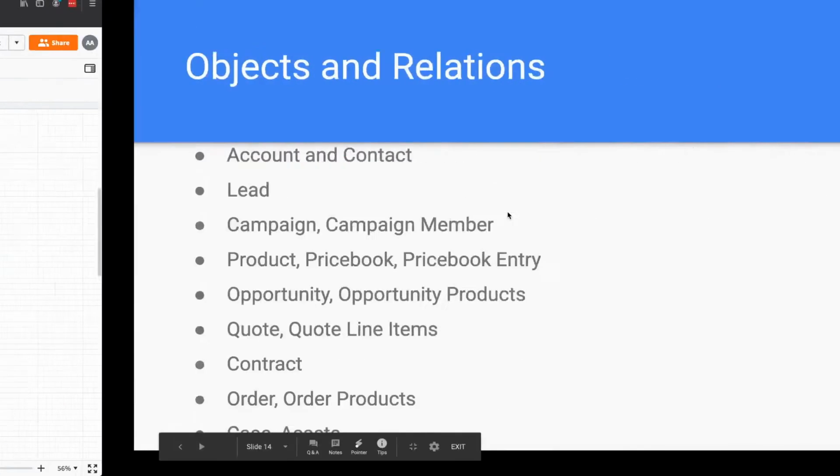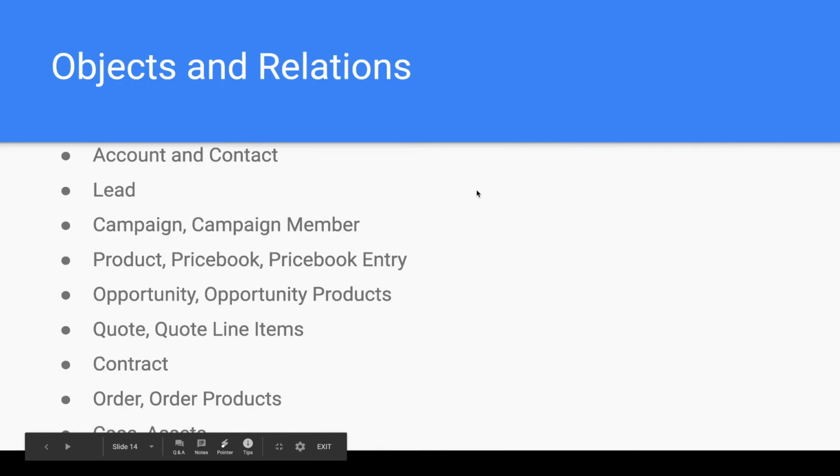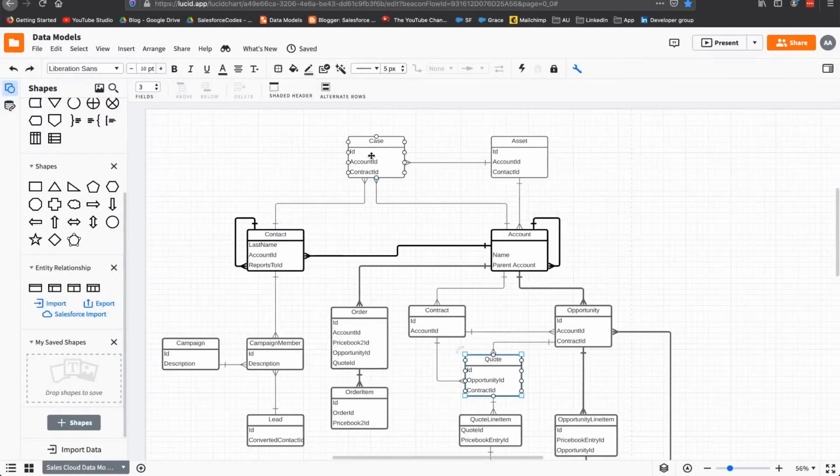Then not last but not least are cases and assets. So that is represented here. Yeah, so cases are usually used to represent a service request or an issue, or generally something that you want to track outside any of these other objects.